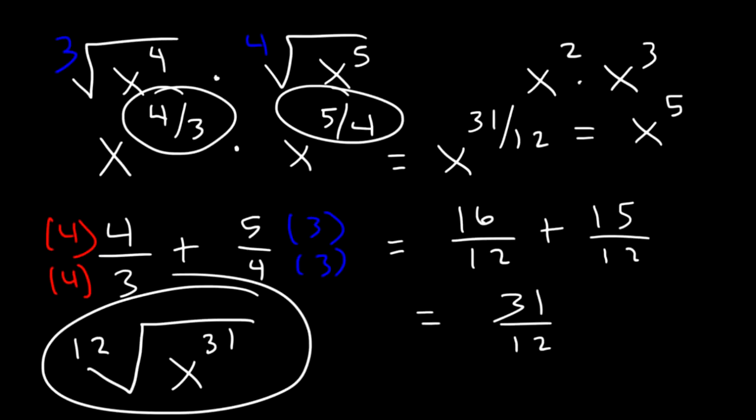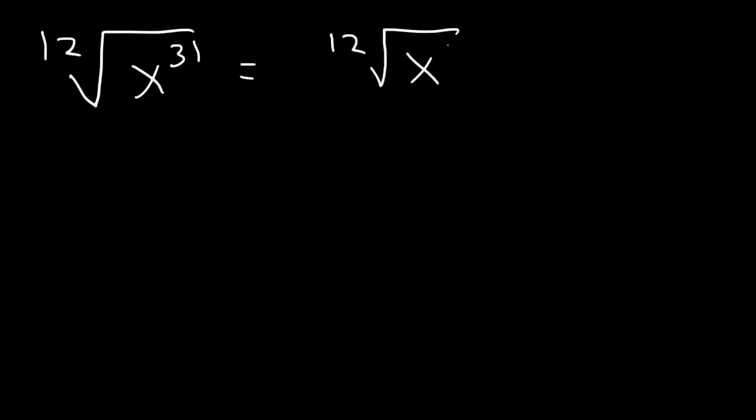Now, if we want to, we can simplify that radical. It's not fully simplified, but let's go ahead and simplify. Now, how many times does 12 go into 31? 12 goes into 31 2 times. 12 times 2 is 24, but first, I'm going to split it into two radicals. 24 and 7 adds up to 31.